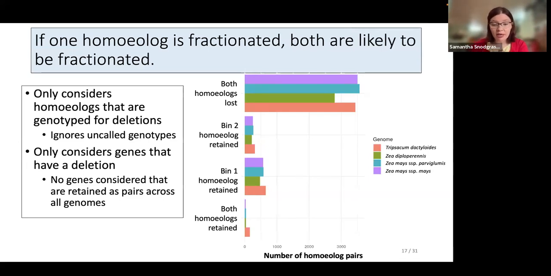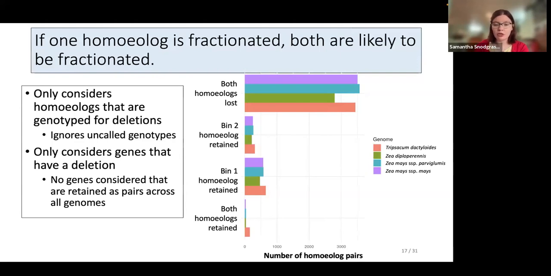However, with that caveat in mind, we still see that if there is a homolog that has been called fractionated in at least one of the other genomes, the Tripsacum genome tends to have retained both homologs relative to the Zea, where that's not as common a case. So this is very preliminary, right?